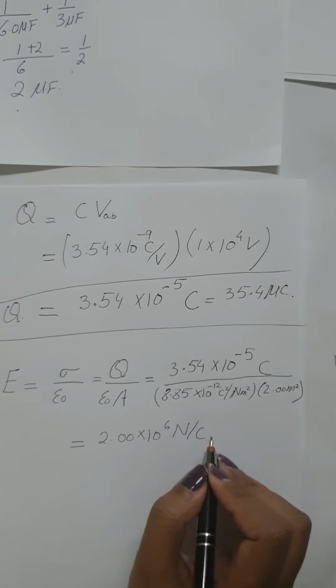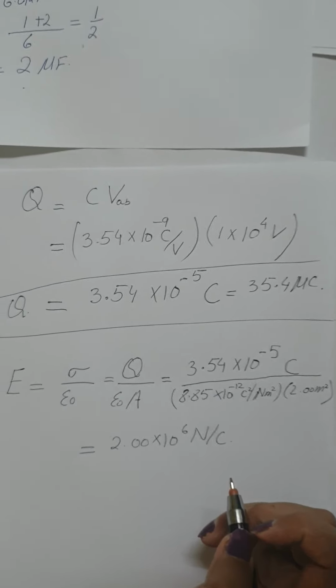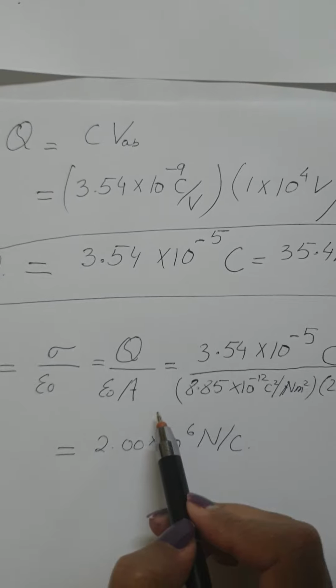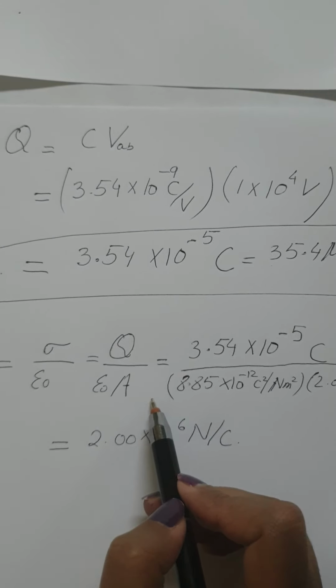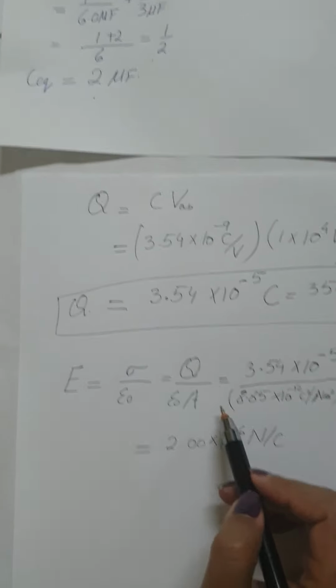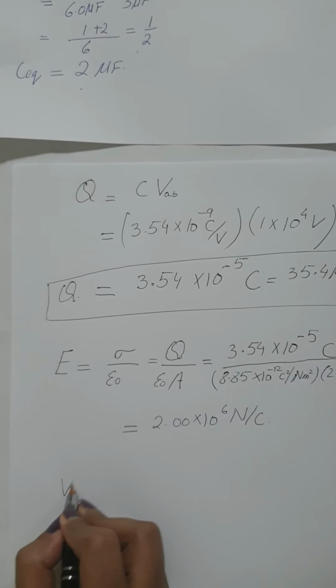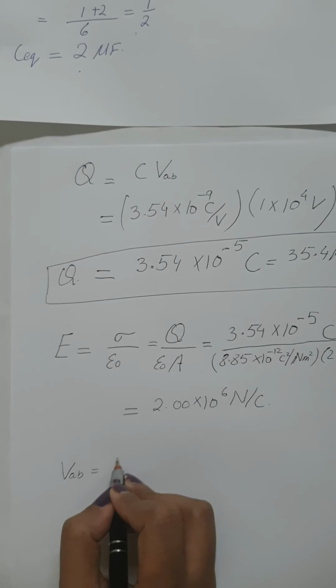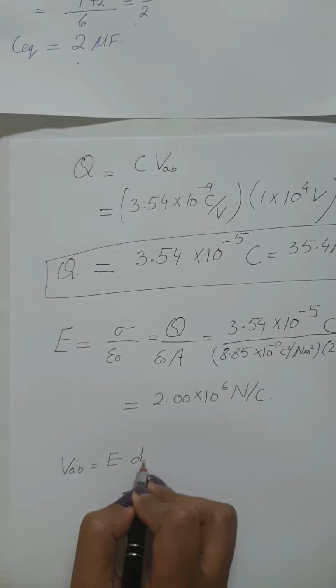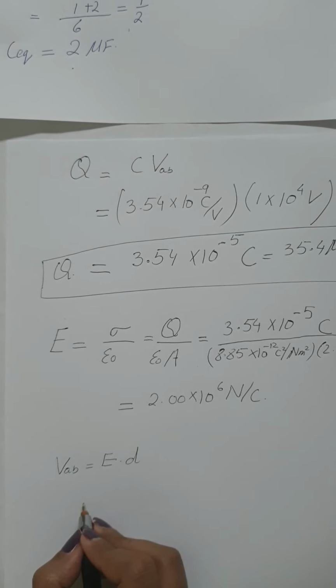Newton per coulomb or volt per meter is also a unit of electric field. We can find the electric field by using another formula. We know that potential difference V is equal to E into d, so you can use this one as well.